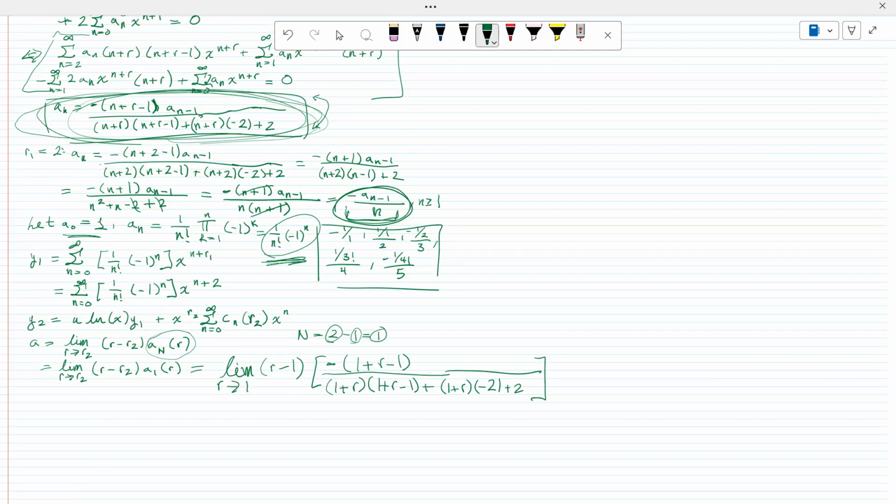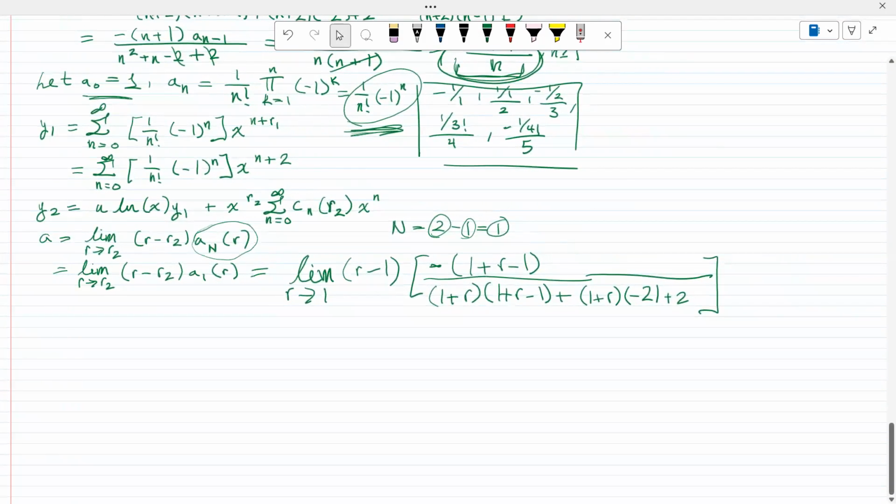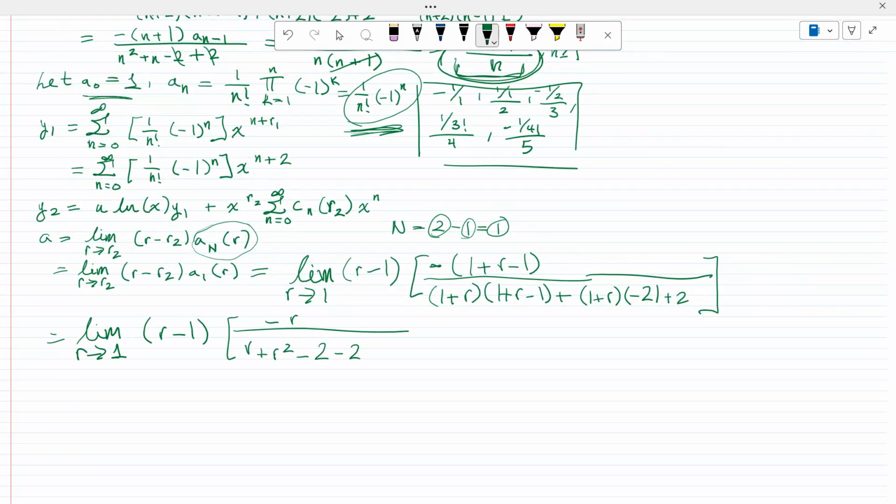Okay. So this simplifies to just be the limit as r approaches 1 of r minus 1 times negative r divided by r plus r squared minus 2 minus 2r plus 2.